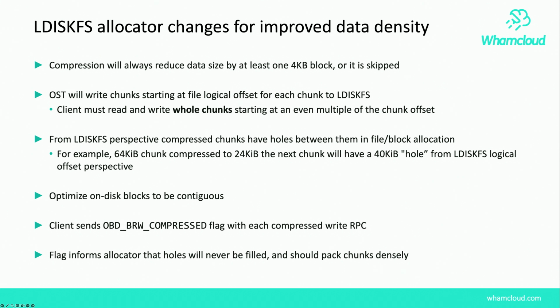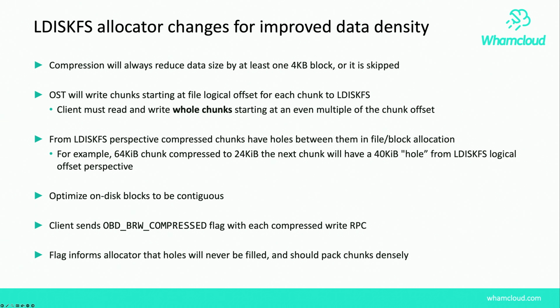As part of this, we've had to look at the LDISKFS allocator, MBAlloc, and make some changes here. The current allocator will always want to provide holes basically in the chunks for the logical offsets.